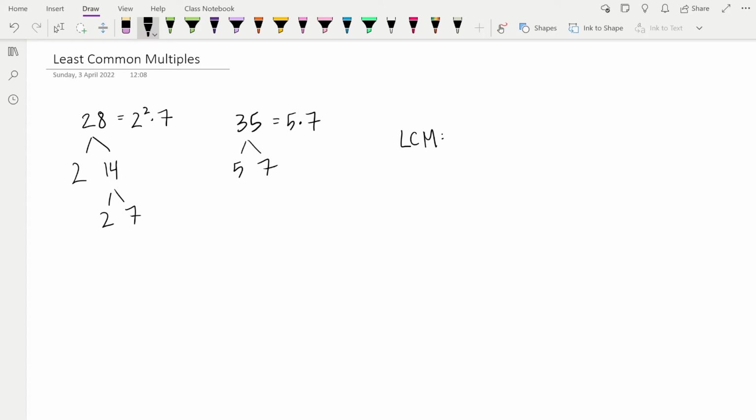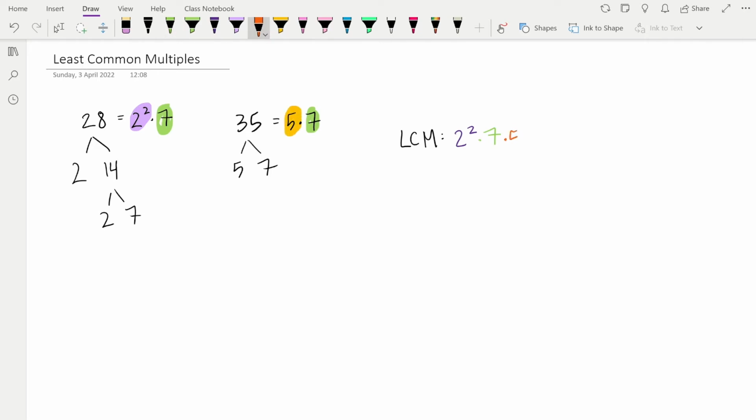I need to take each factor, like there's a 2 and there's a 5 and there's a 7. But I also have to take the most amount that exists anywhere. Like that has a 2 squared. So I'm going to need to take 2 squared. Here I have 1 7 and here I have 1 7. So the most I ever need to take is 1 7. And over here I have 1 5.